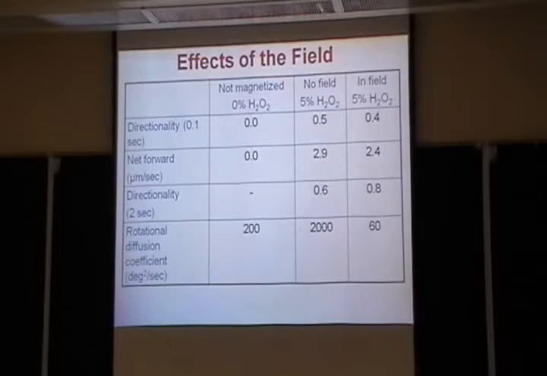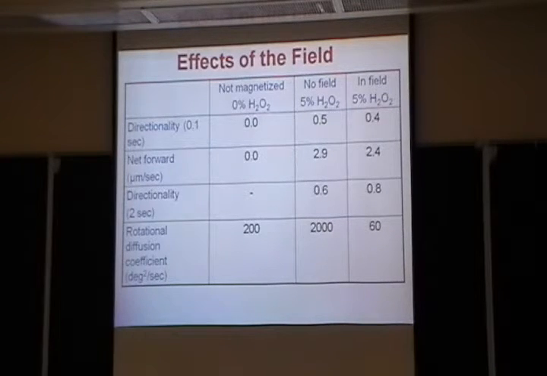So the interesting thing here is that we're looking at the rotational diffusion coefficient of these magnetized rods. If you don't apply a magnetic field, nor do you give it a fuel, then this is the rotational diffusion coefficient, whatever it is, 200.